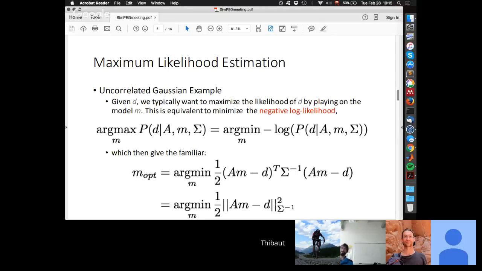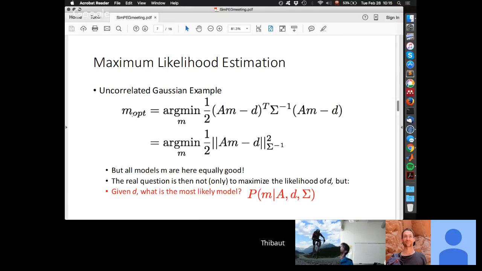We got back basically what we usually use, but we derived it from a probability point of view, assuming that our noise is Gaussian, and that gives us the L2 norm, which is quite nice. We can also use other distributions if we have a different type of noise.